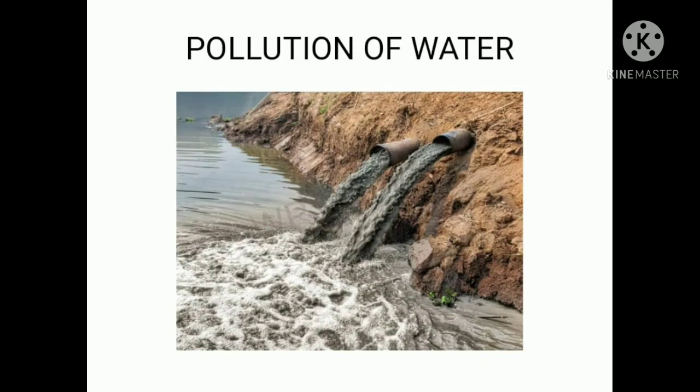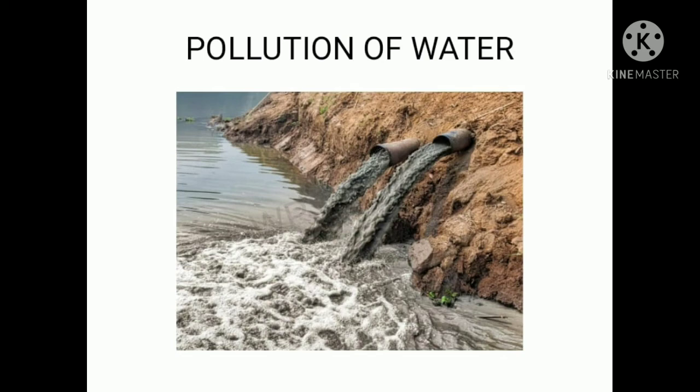The last topic is pollution of water. Water pollution may be defined as alteration in the physical, chemical, and biological characteristics of water, which may cause harmful effects in human and aquatic life. In India, water pollution has been taking place on a large scale and for a long period.